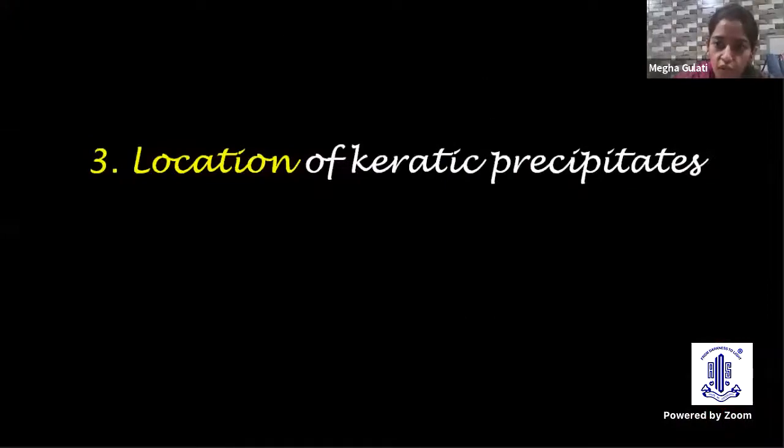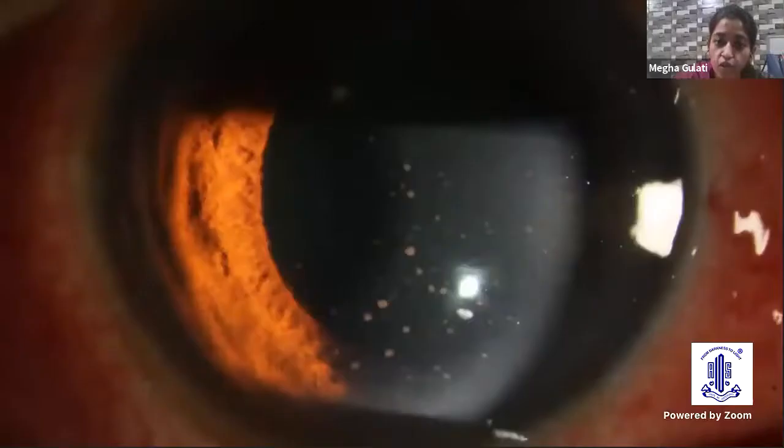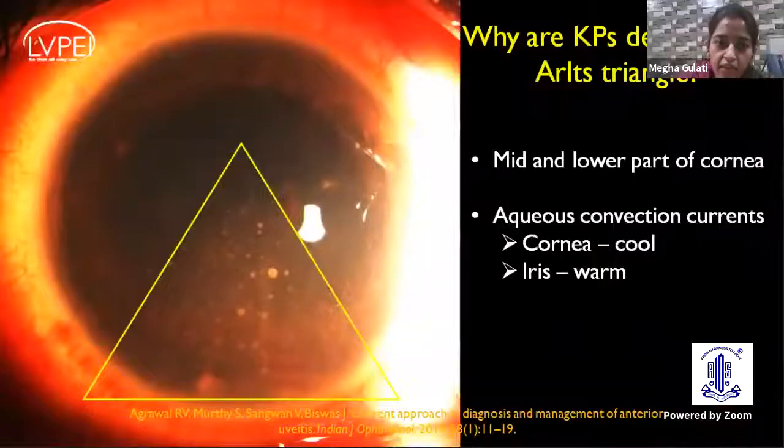Moving on to location of keratic precipitates. Usually, keratic precipitates are seen in the mid and the lower part of the corneal endothelium, and this characteristic triangular distribution is called the Arlt triangle. This Arlt distribution of keratic precipitates is because of the aqueous convection currents and the cooler temperature in the inferior corneal endothelium.